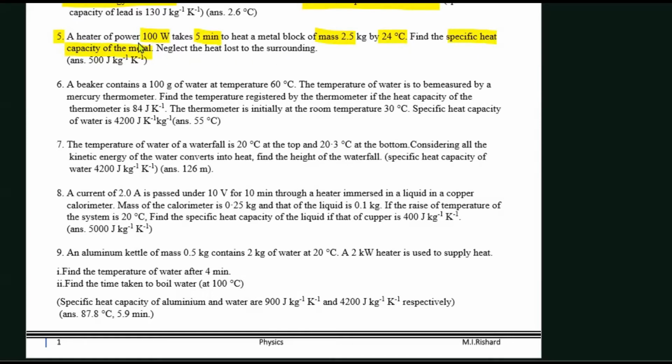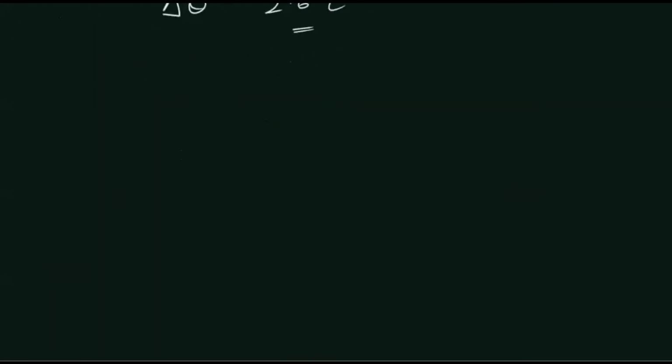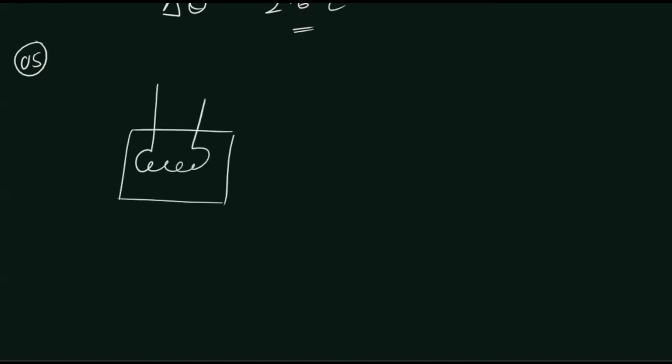So what they're saying is a heater of power 100 watts takes 5 minutes to heat a metal block of mass 2.5 kilograms by 24 degrees. Let us draw a figure for that as well. There is maybe a metal block, and this metal block is heated using a heater.